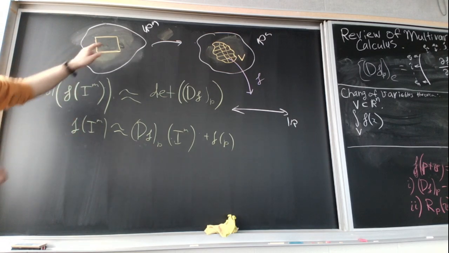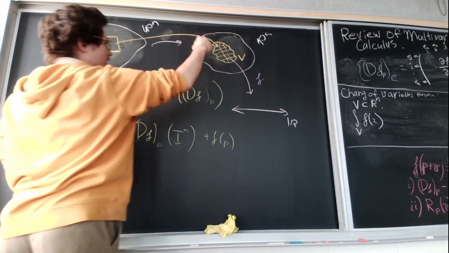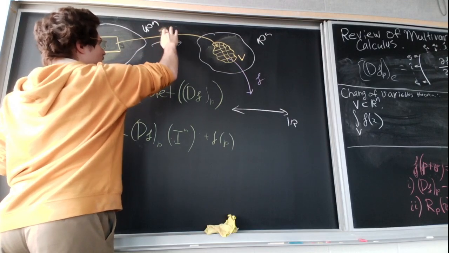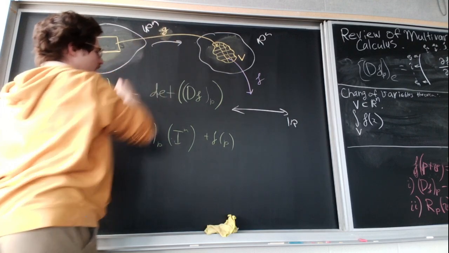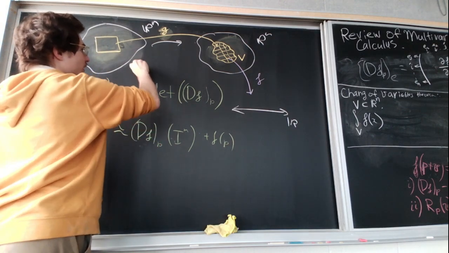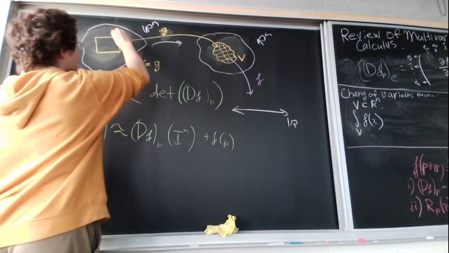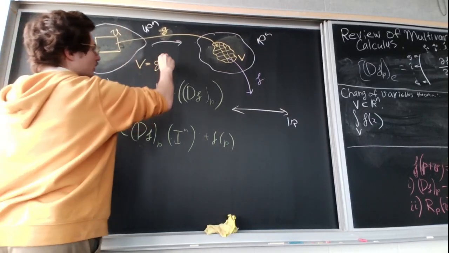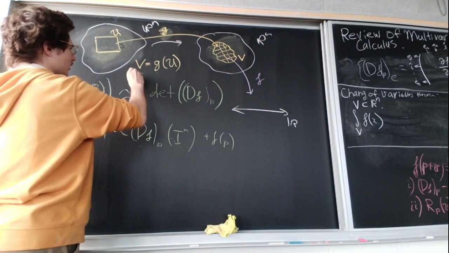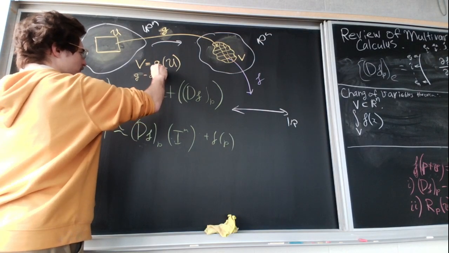And suppose I had a way of mapping this subset into V with some function G, okay, such that V was equal to G of U, this is subset U, and G was a diffeomorphism.